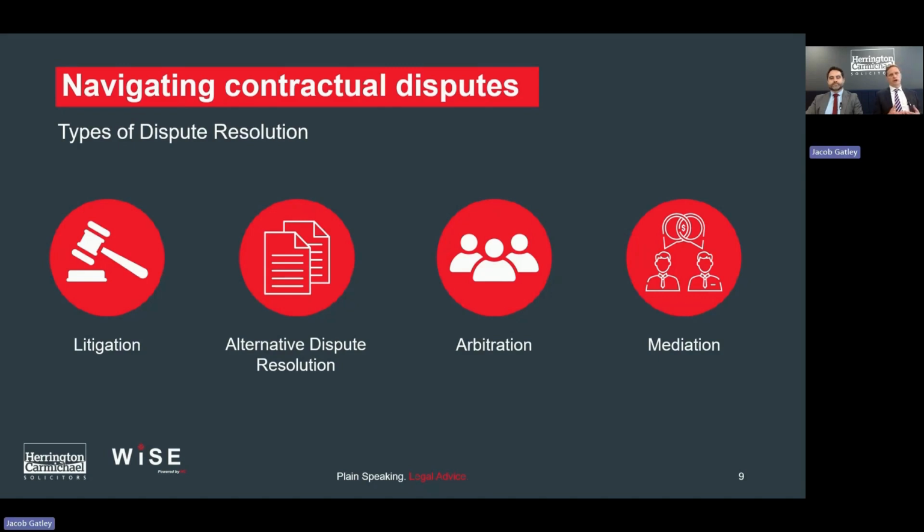Arbitration is where, either in a contract or a lease, or once a dispute arises, the parties can agree, right, okay, we want so and so person to arbitrate over this for us, decide this dispute for us. Arbitration is a binding forum, so you make your representations to the arbitrator, and then the arbitrator will decide the dispute.